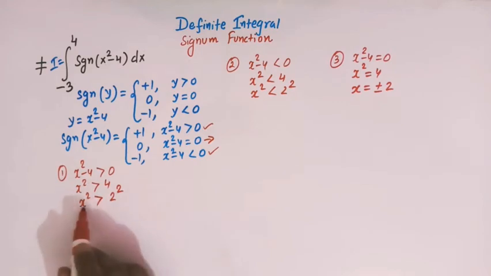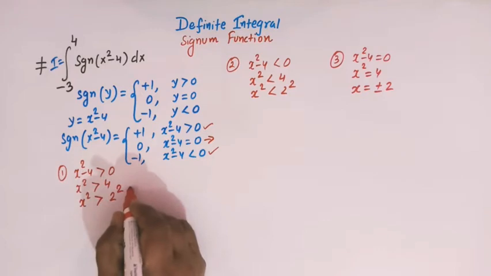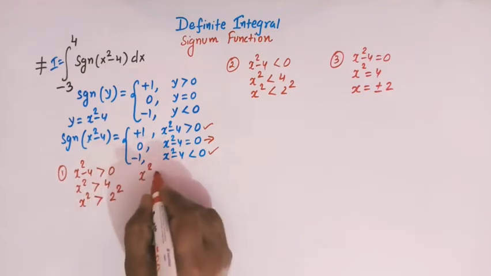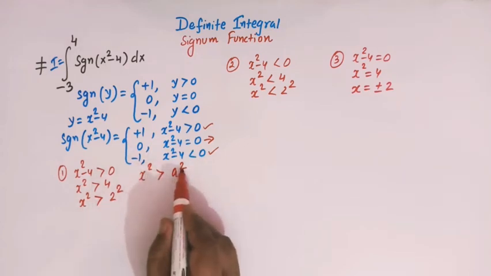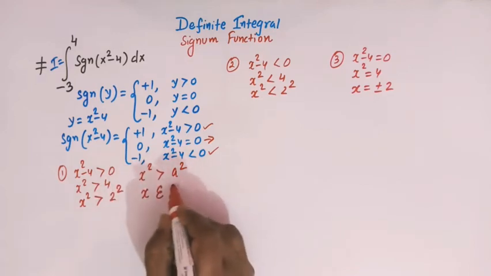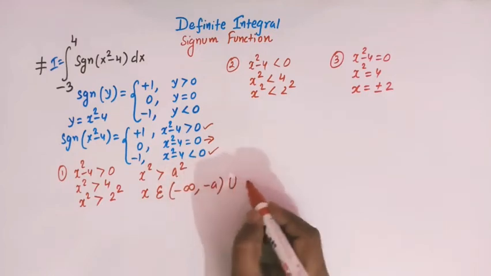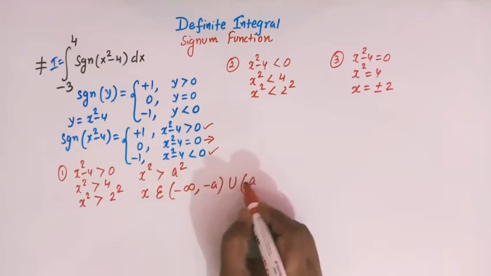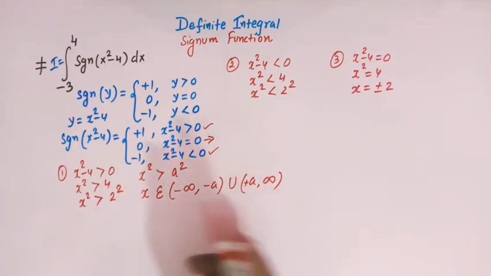From the theory of inequalities, whenever x square is greater than a square, the solution is x belongs to the interval minus infinity to minus a union a to infinity.